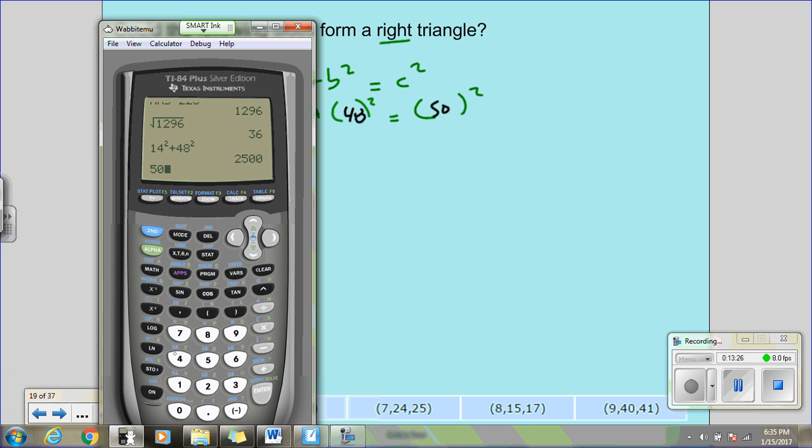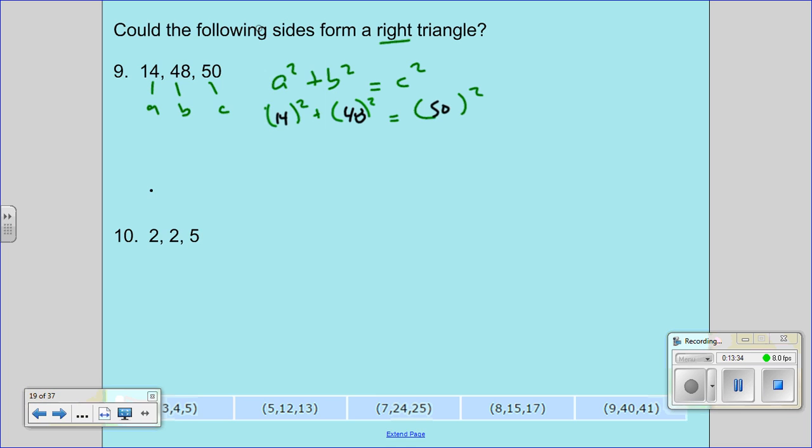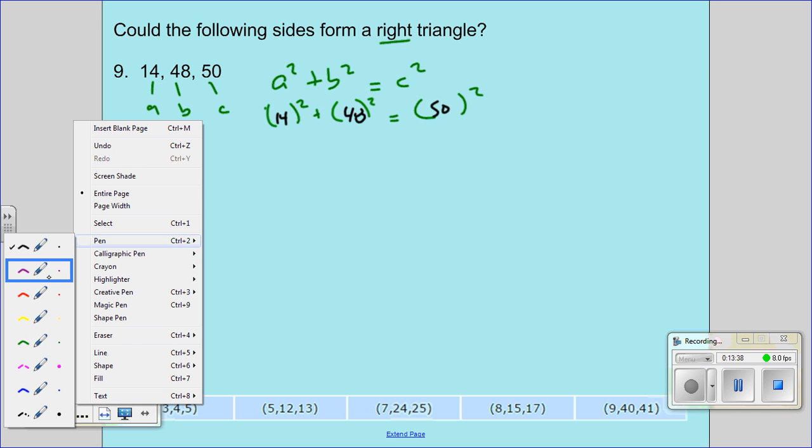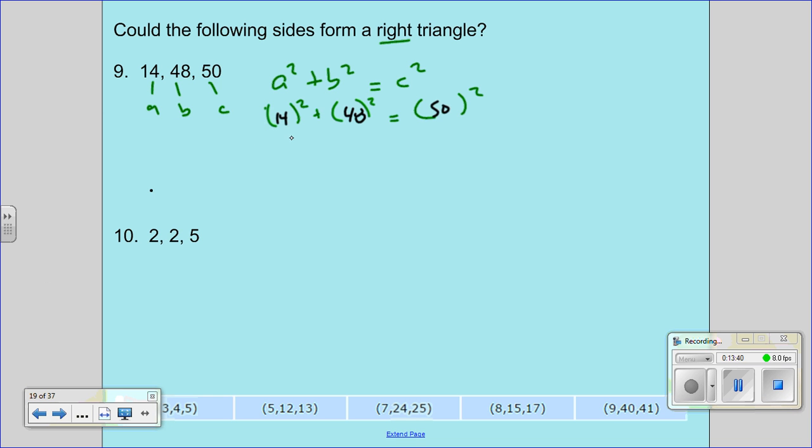And 50 squared is also 2,500. So both sides equal, which is a good thing. So we would have 2,500 equal to 2,500. So yes, this is a right triangle.